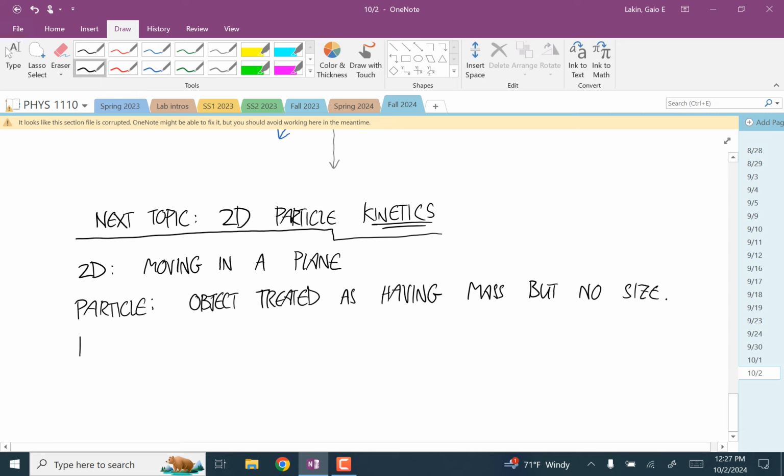And now kinetics combines kinematics. So we're going to keep using all of the kinematics that we've used up until now. But now we're going to introduce the causes of the motion. So it combines kinematics with the causes of the motion.